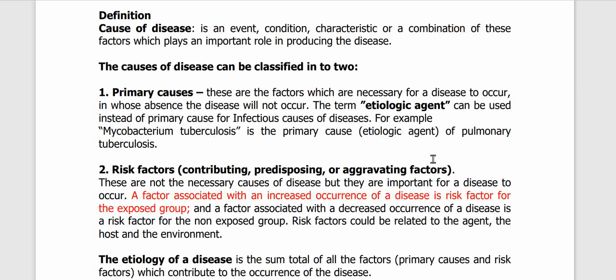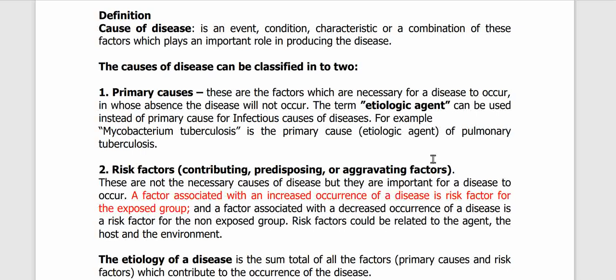So number two, we have risk factors. Risk factors could be anything which is contributing, predisposing, or aggravating, something which is actually supporting the disease to occur. In most cases, this could be not a direct actual cause of a disease, but something very important for the disease to occur.